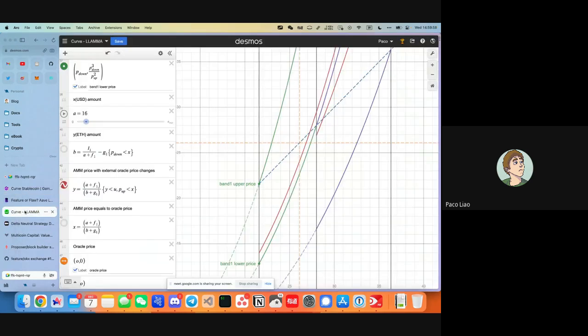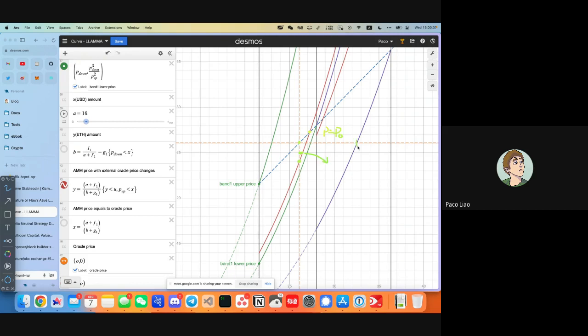This loss comes from the price difference. If the market price changes, let's say we are here, market price equal to external price, and the external price goes down to here, the market price will be lower, and arbitrageurs will buy from here. So the average buying price may be a point between these two points, maybe here. So the pool is selling ETH at an unfair price.